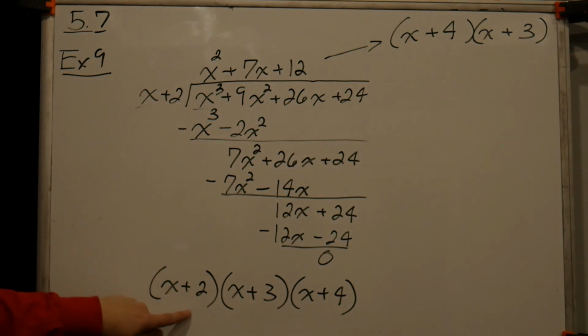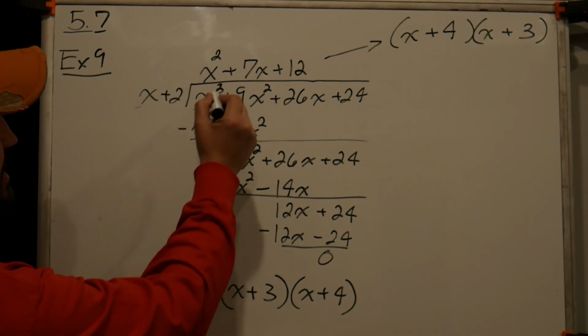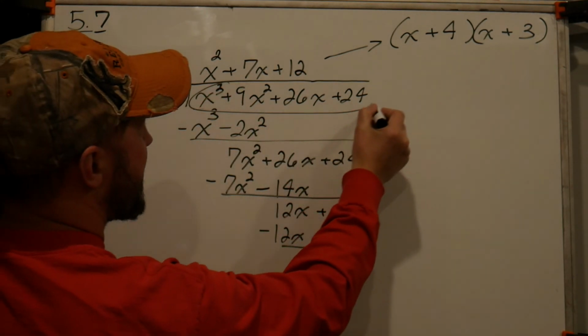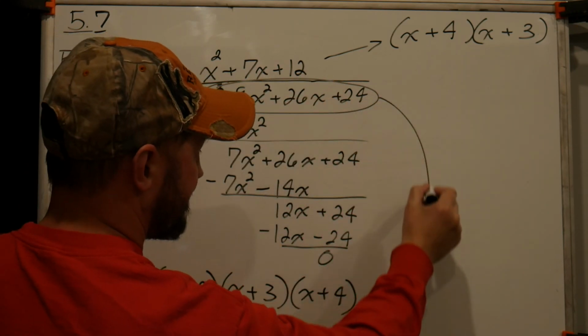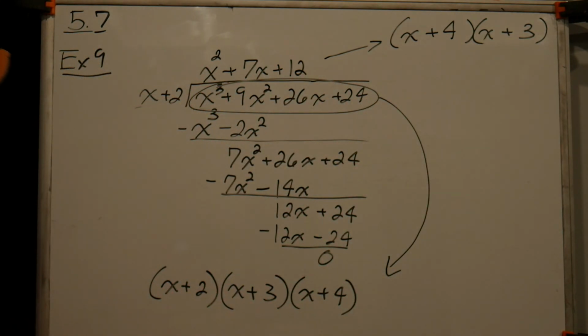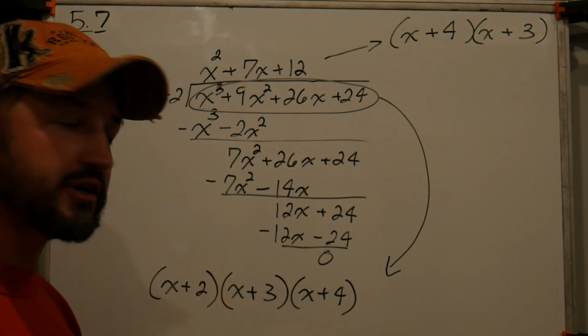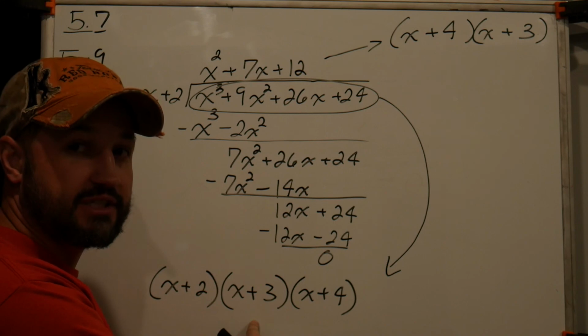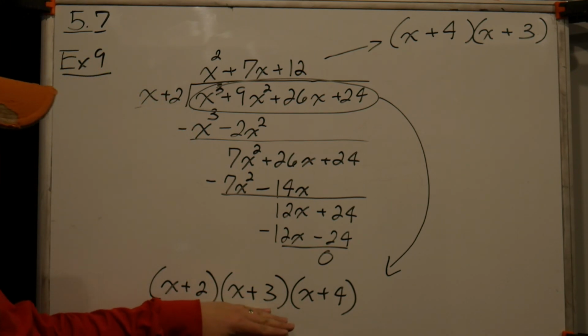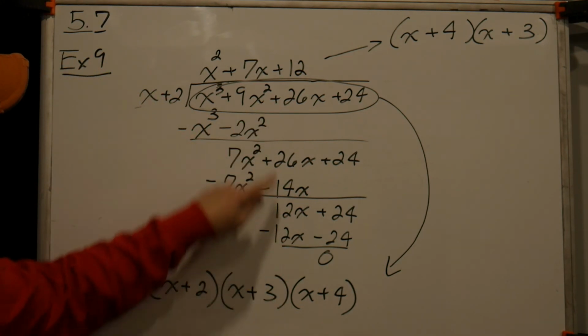So I can say it's x plus 2 times x plus 3 times x plus 4. There's my factored answer of that piece. There it is. This huge, nasty, icky chunk factored out is just that. Pretty slick right there. Looks nice there. Looks naughty there. Nice, naughty.